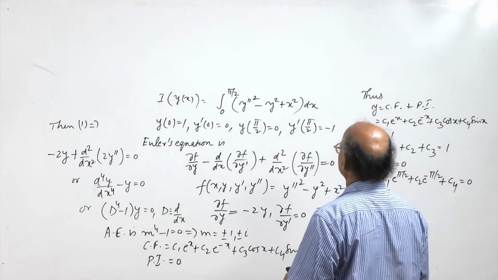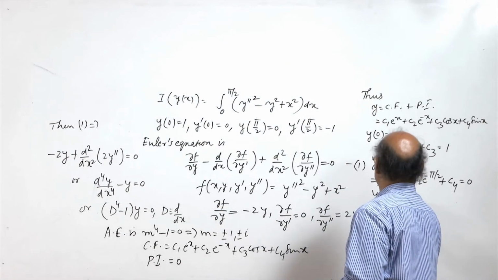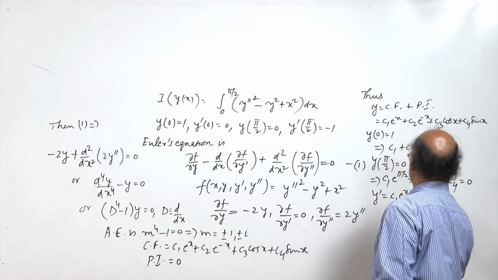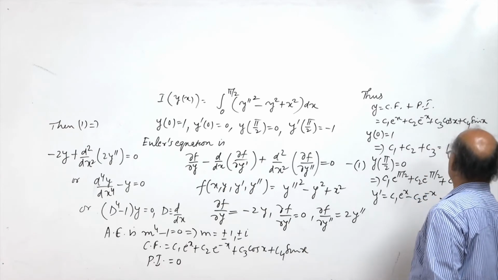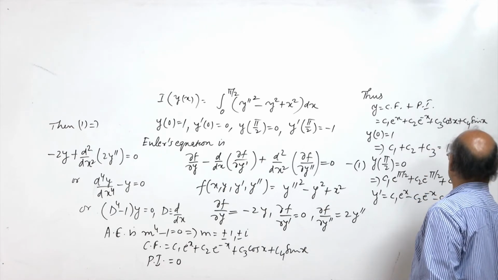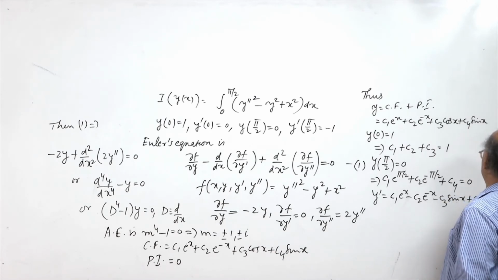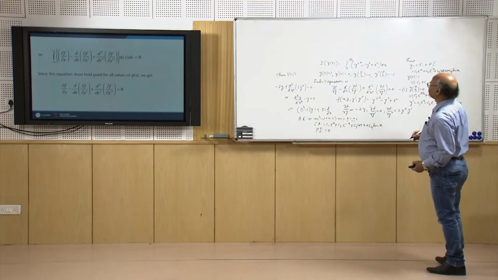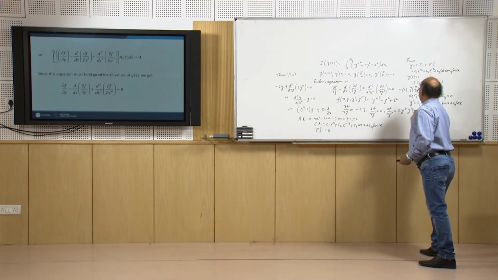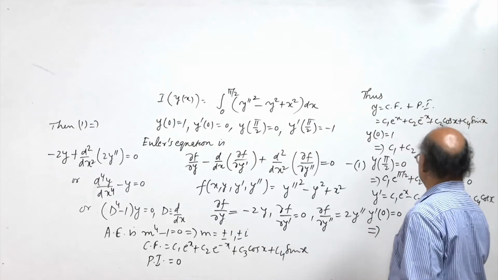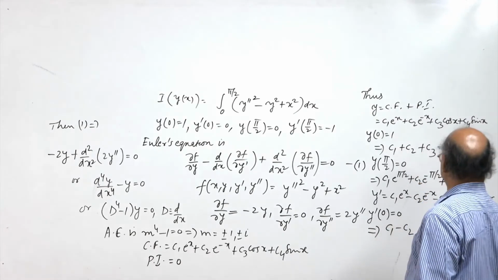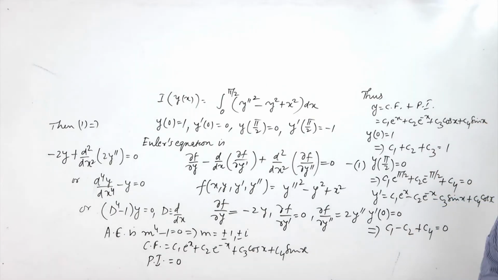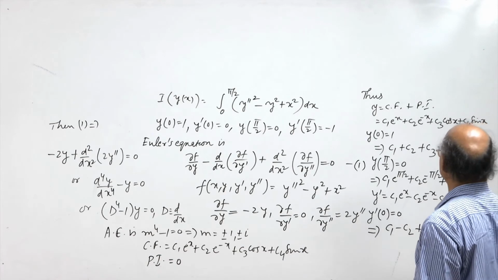Let us find y dash here. y dash is equal to c1 e to the power x minus c2 e to the power minus x minus c3 sin x plus c4 cos x. We are given that y dash 0 equal to 0, so we have c1 minus c2 plus c4 equal to 0.